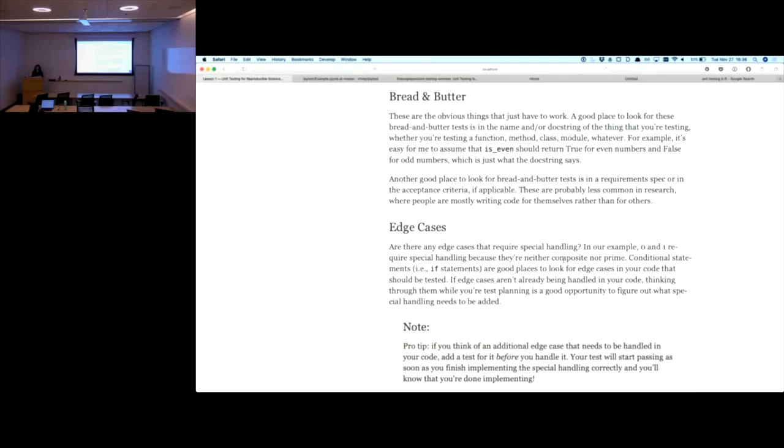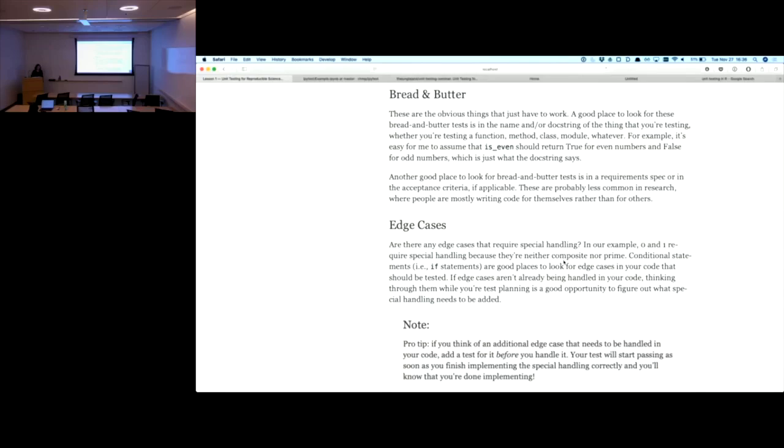And even if you look through your if statements and you're like, all right, there aren't really any edge cases in my code that I need to test for right now, it's still valuable to think through, okay, are there any edge cases that are not currently being handled that I need to handle, and that I need to make sure I have tests for to make sure that they're being handled correctly.